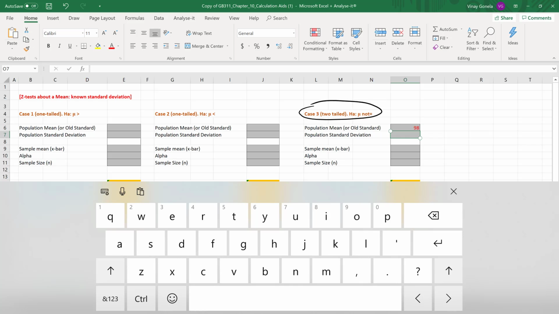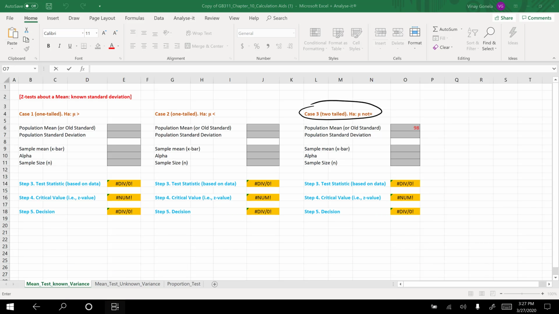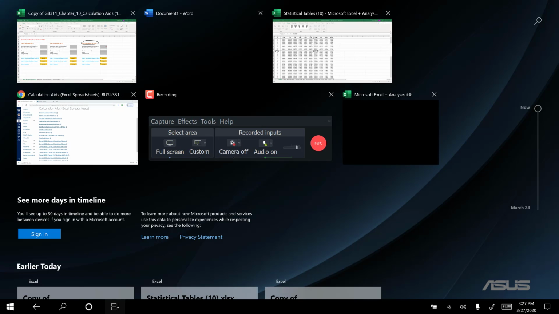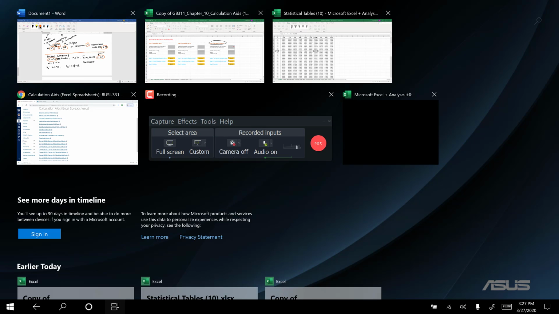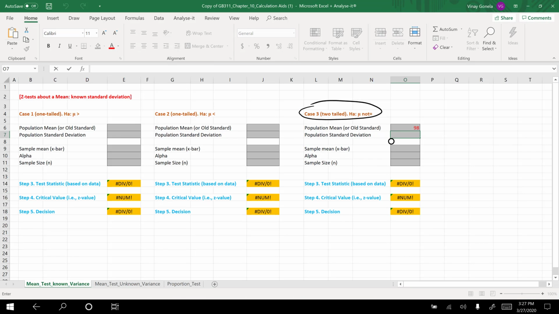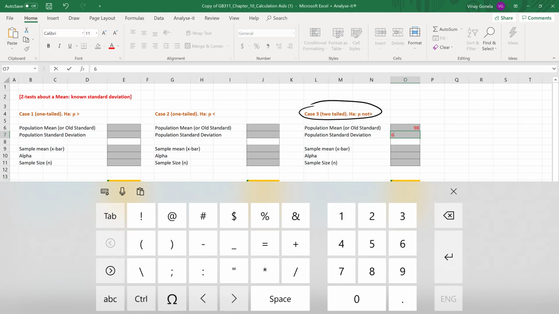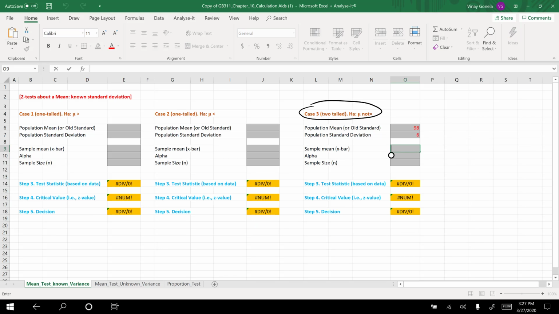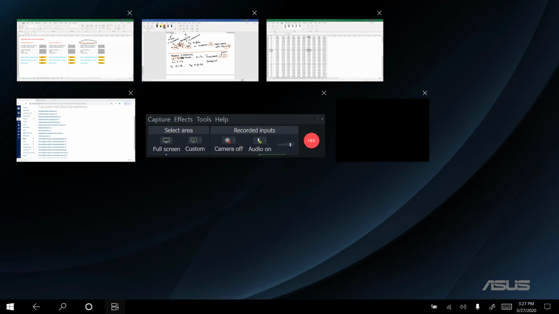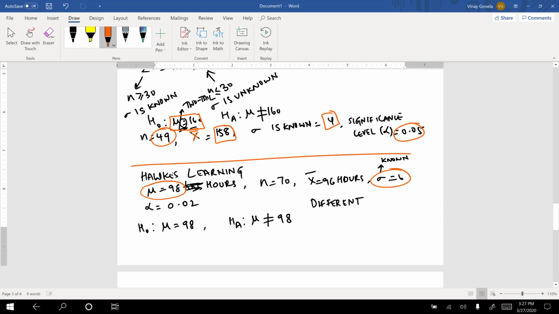Population standard deviation sigma is 6. And the sample mean, x bar, is 96.